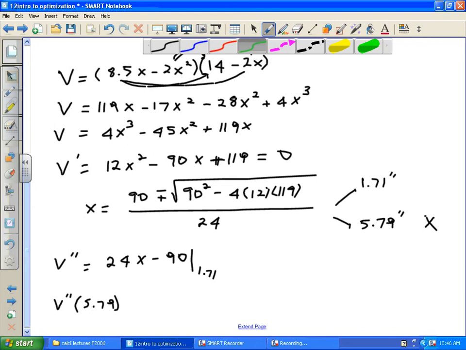When you plug in 1.71, what did you get? Exactly. So basically, all I'm interested in is that it's a negative number. It's less than 0, meaning it's concave down, and the point obtained there will give us the maximum volume, right?